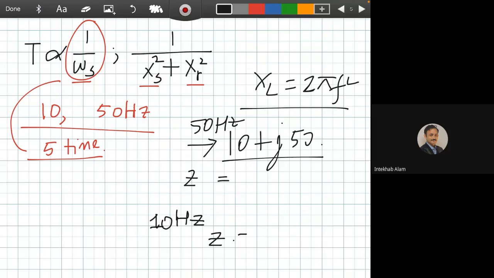Aizul Hakim, what is the value of Z for 10 hertz or 50 hertz? Mohammad Asaduzzaman, what is the value of Z for 50 hertz?